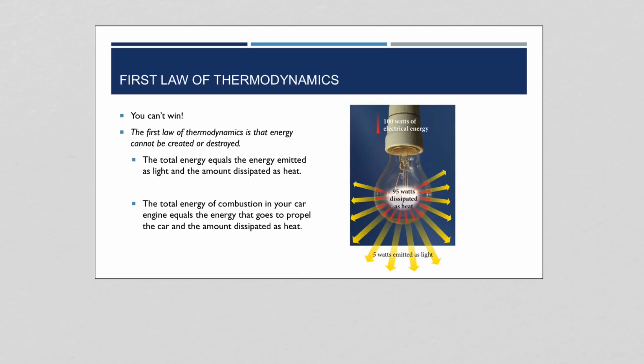When it combusts, that energy is converted into various forms of energy, but we have to account for all of it. In that case, that energy comes from the heat dissipated by the combustion and also the energy that goes into moving the vehicle, right, and propelling the car. So that idea of conservation of energy, we don't actually ever create new energy or lose energy. It just moves around from place to place or changes from one form of energy to another form of energy.